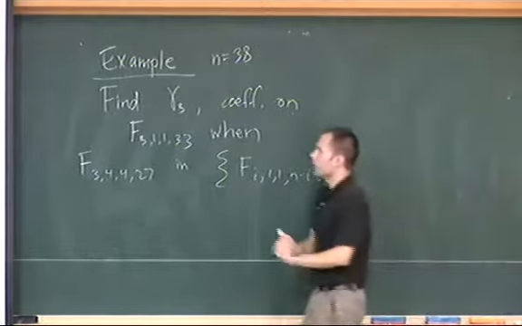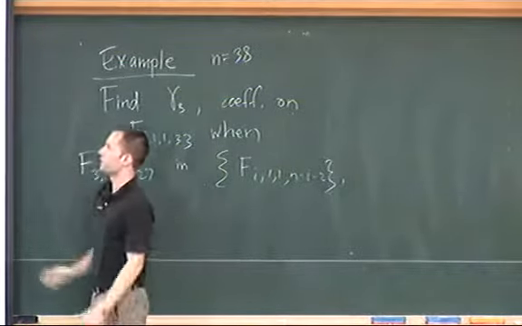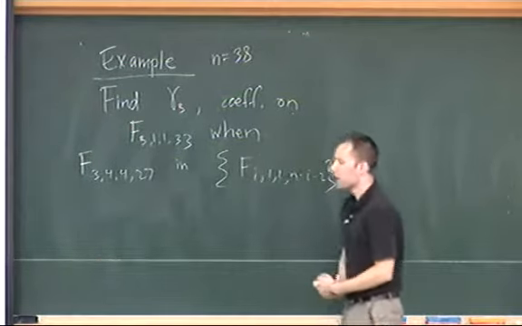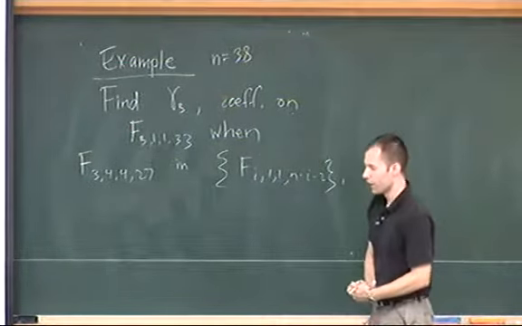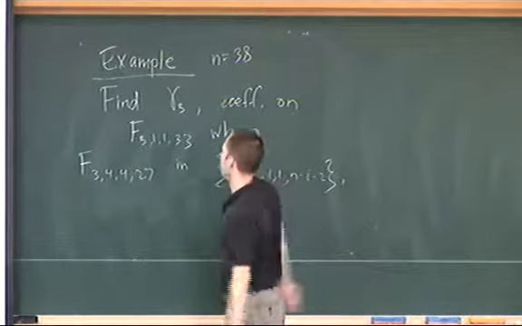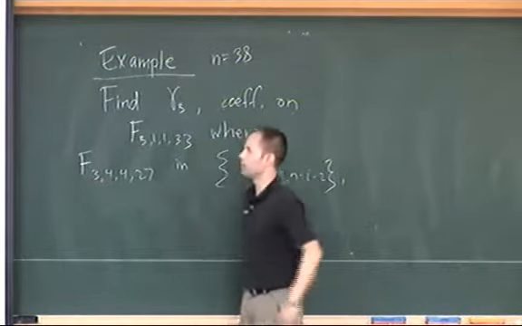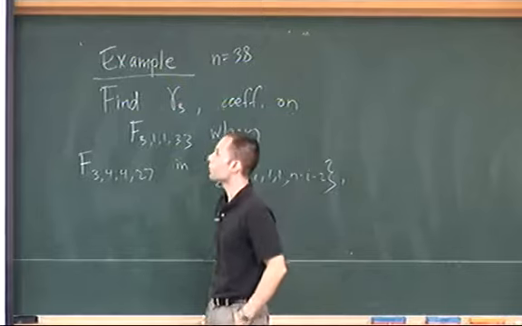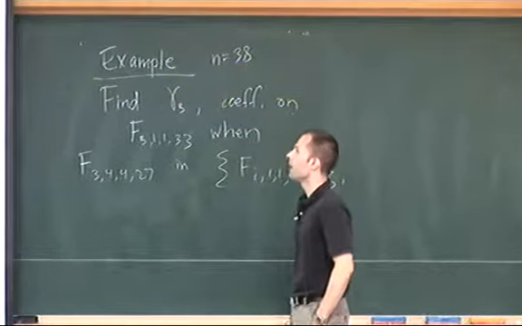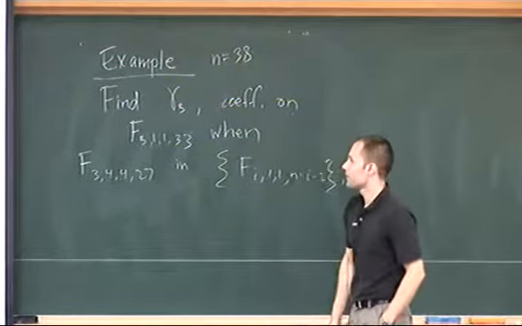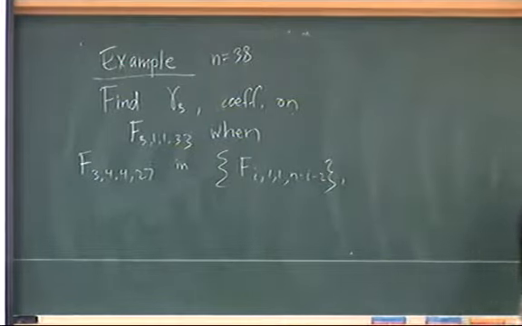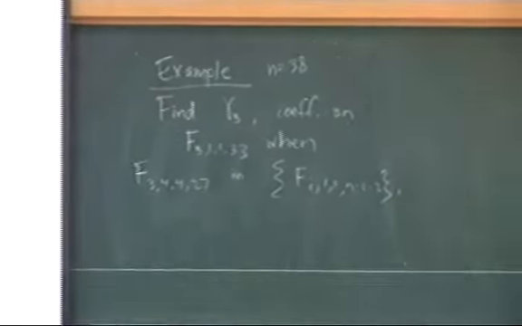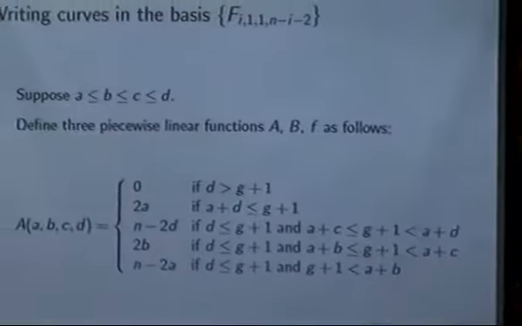You could probably give a description of this that's completely symmetric in the entries A, B, C, and D, but I actually think it's more useful to go ahead and just order the elements A, B, C, and D on your F curve. So suppose that we've arranged them so that they're increasing, and I'm going to define 3 functions as follows. The first one I call capital A, and again, I don't really have anything to say about the interpretation except that it's piecewise linear in the entries.